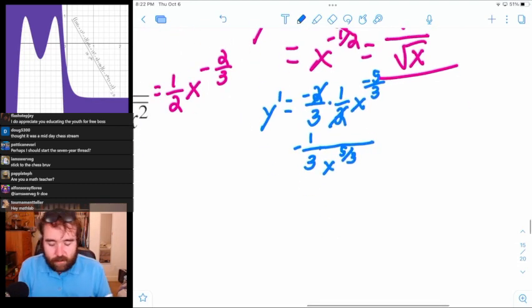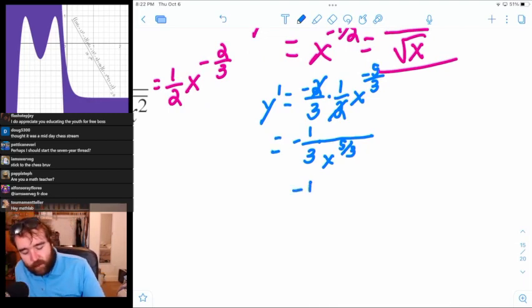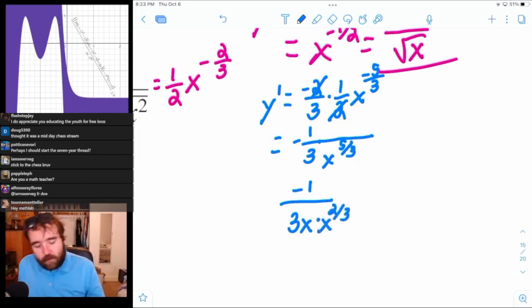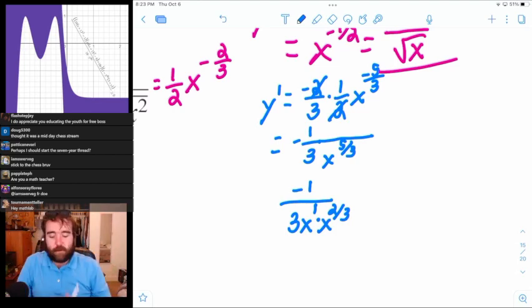But then what is x to the 5/3? Because isn't x to the 5/3 like we have x times x to the 2/3? Because that's like x to the first. And when you're multiplying those bases, you would add the exponents.